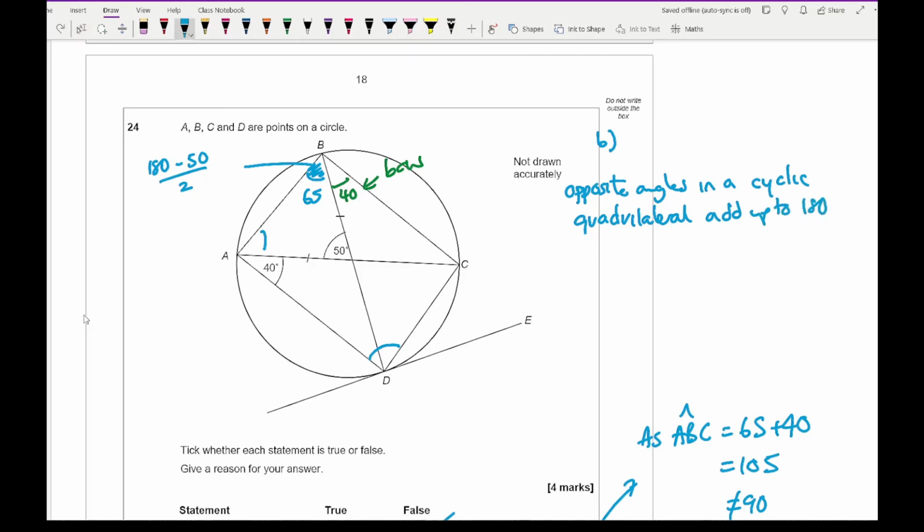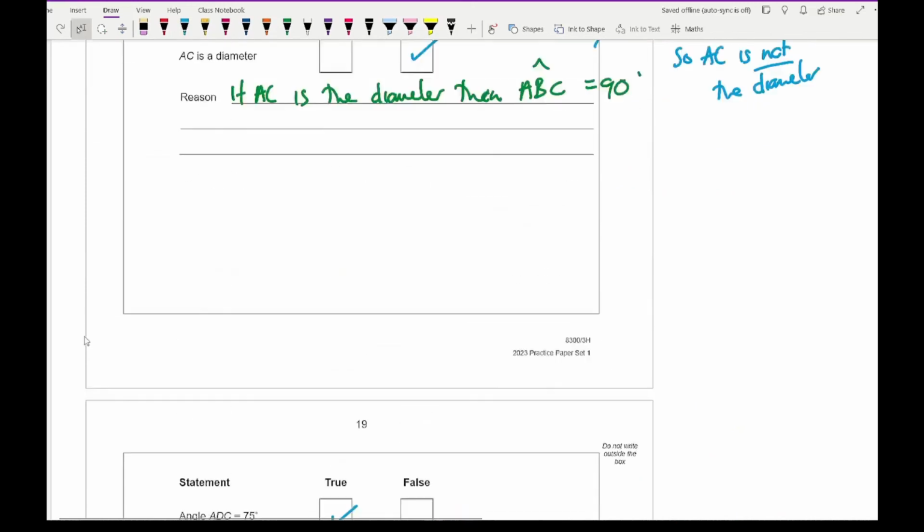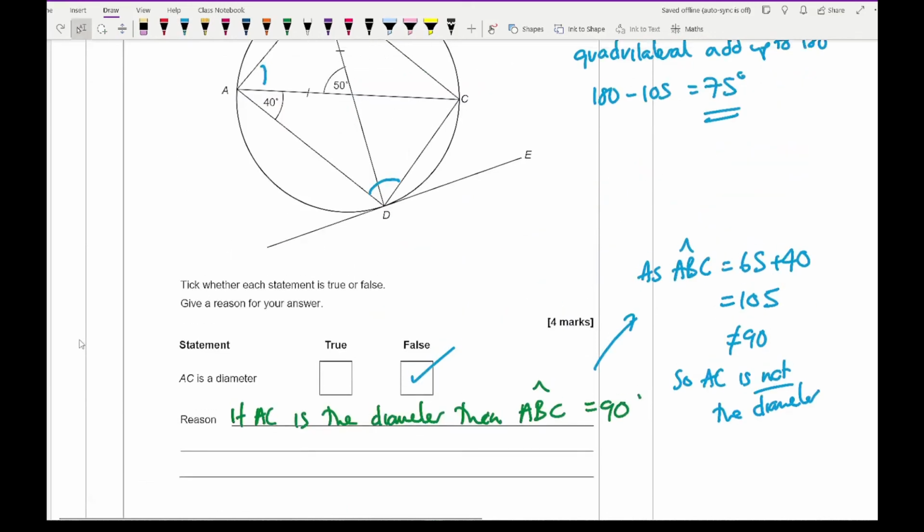So here what we've got is 180 minus 105 equals 75. So that there is true. Then we need to write down our reason, and this is my reason for B.